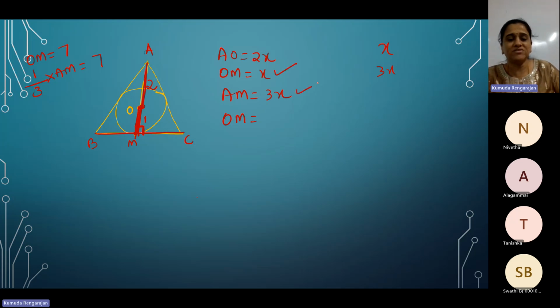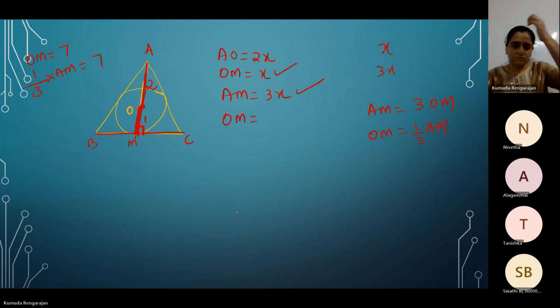AM is 3 times OM. What is the relationship between OM and AM? AM is 3 times OM, OM is 1/3 of AM. That's what I wrote here.